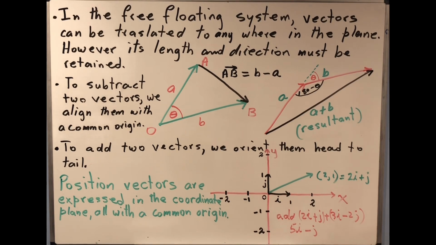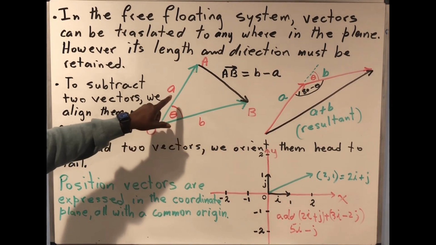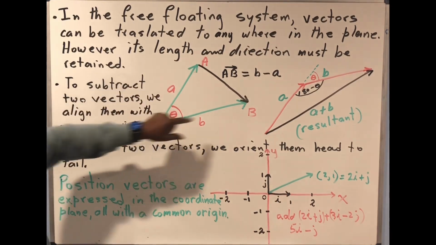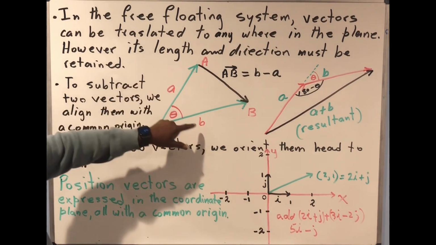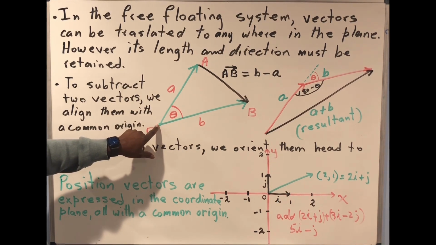To subtract two vectors, we align them with a common origin, as illustrated here. Here, these two vectors, OA and OB, that's vectors a and b, are aligned so that they have the common origin.